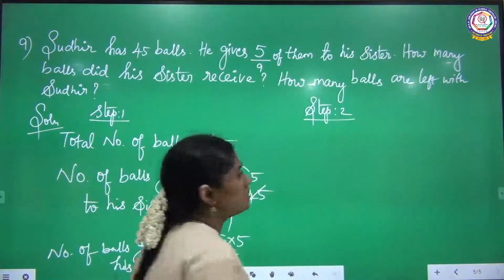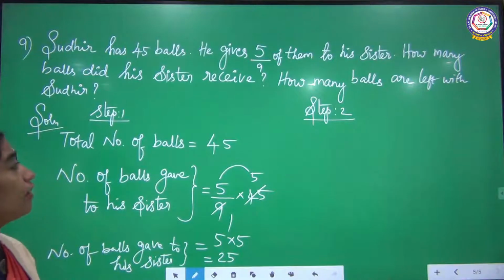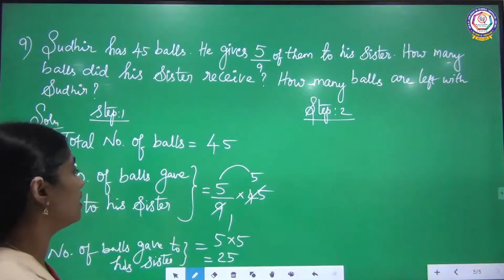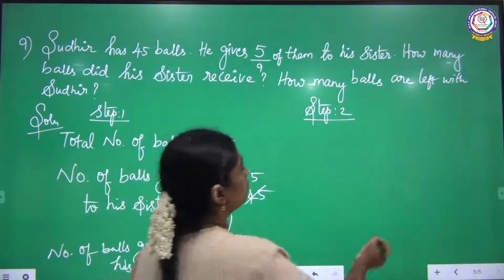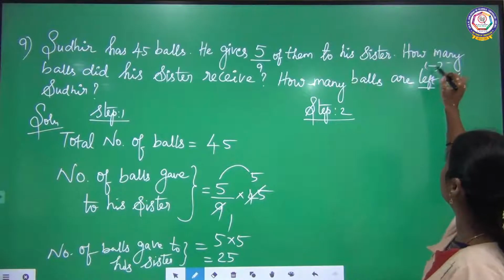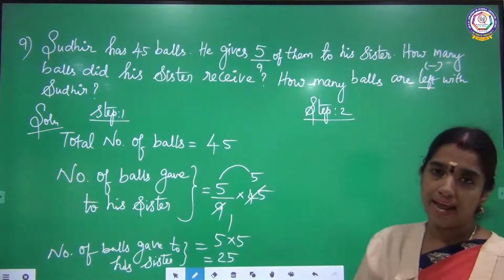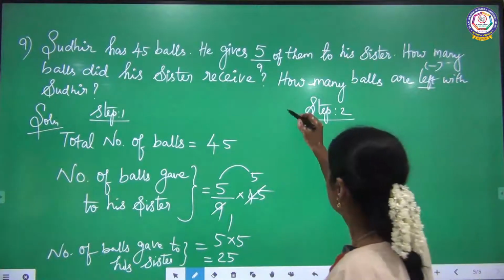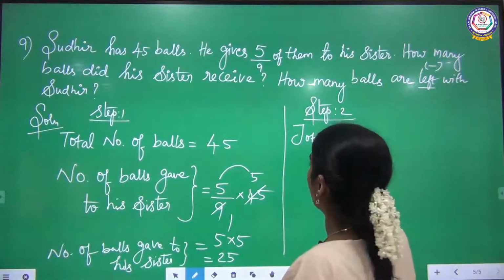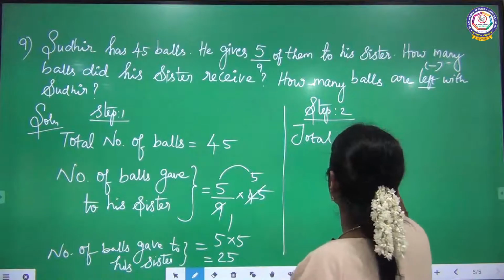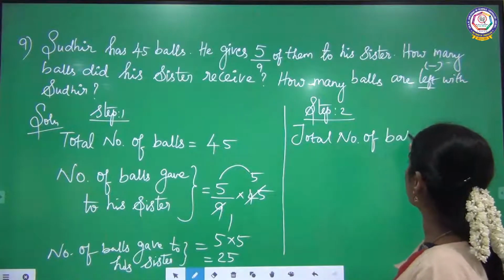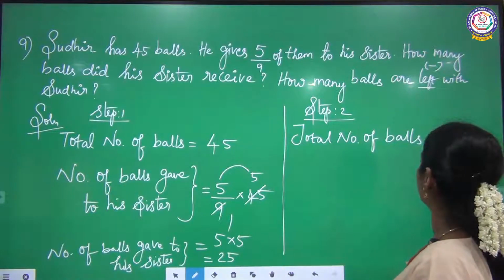Listen, children. Now, what I am going to find out is how many balls are left with Sudhir. So, left means what operation do we do here? Minus, subtract. So, in step 2, total number of balls is equal to 45.